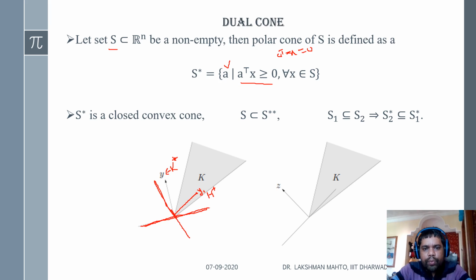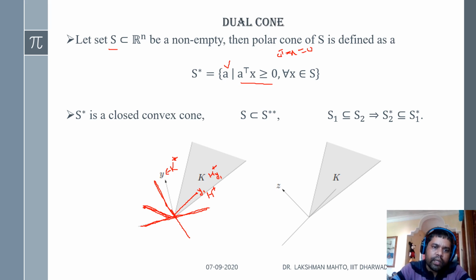So this is the hyperplane. Again here we can see that K falls in the positive half space of y1. I am writing this just to signify that it is a half space with respect to y1.